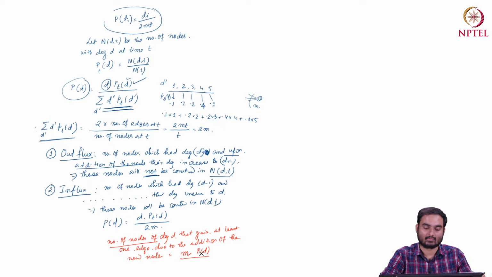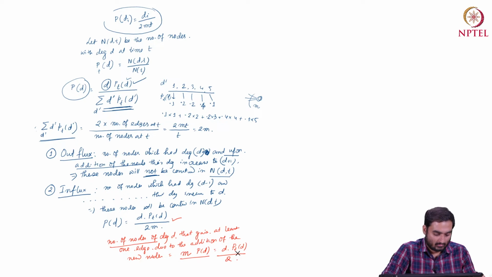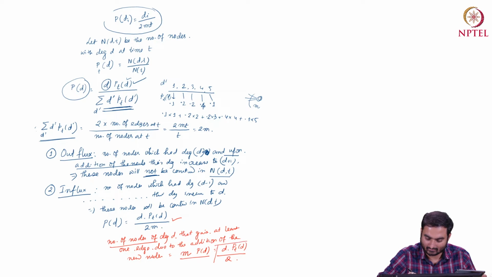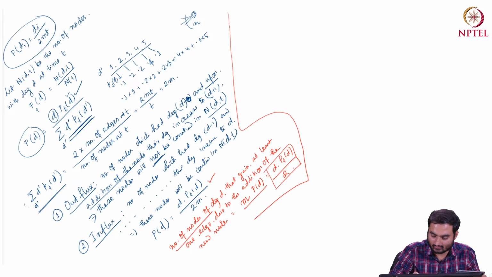This many. So I replace P d by this, so this is going to be d times n of d comma t by 2m, and m will cancel out. So remember this particular term. This is basically saying that when a new node joins in, how many nodes with degree d will gain an edge.